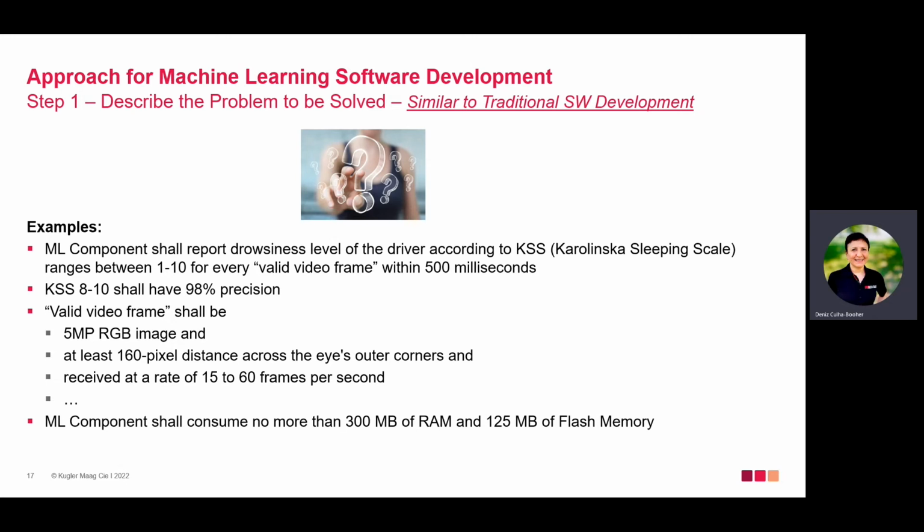For machine learning, we also need to know what is the problem this machine learning needs to solve. And so I put some examples about drowsiness levels and how accurate the precision levels, what makes it valid, the frame rate you're using, all these maybe, and also the size.